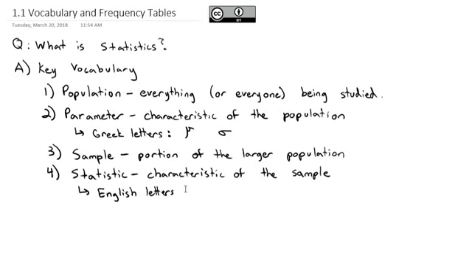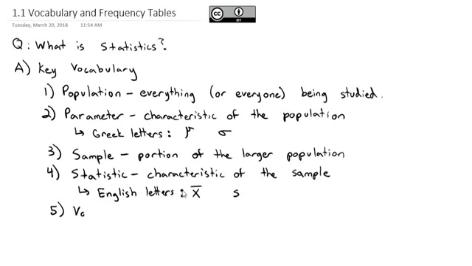These English letters would be something like what we'll call X bar, or just the letter S.